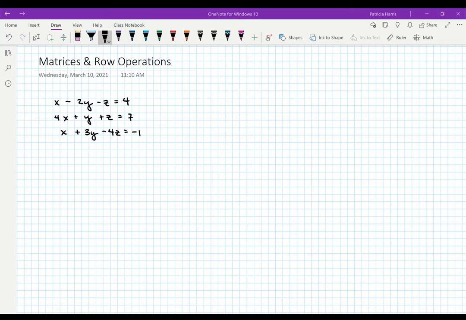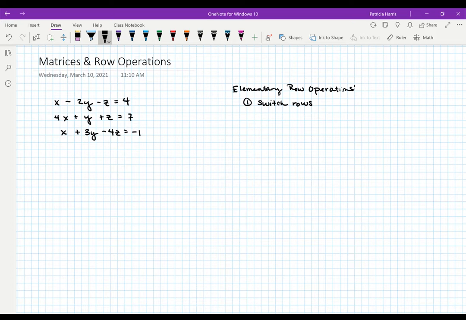Okay, so our elementary row operations are the following. Okay, the first one is we can switch a row. And basically this is just moving rows around.